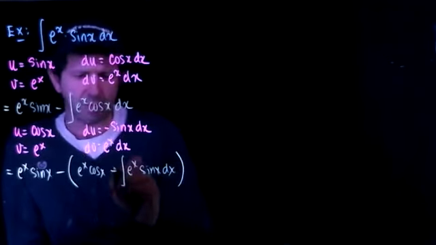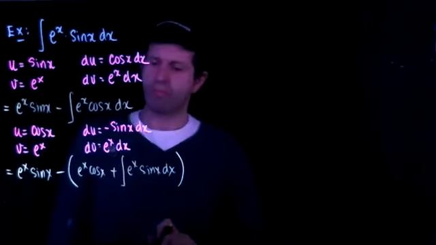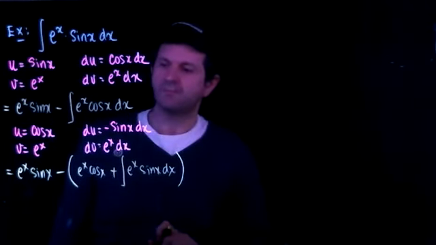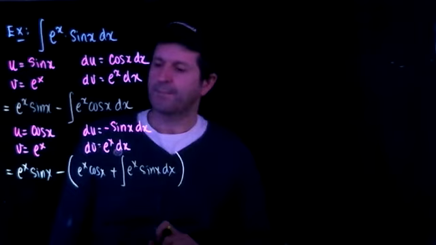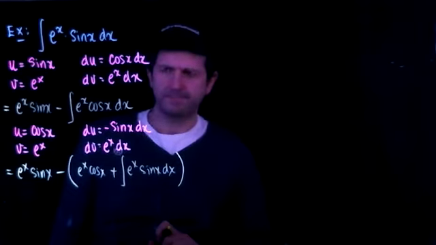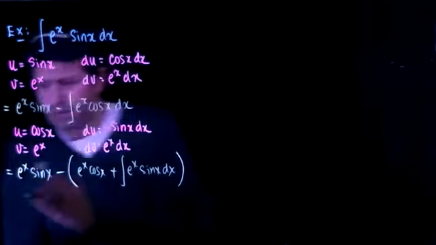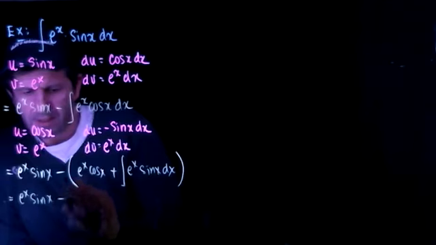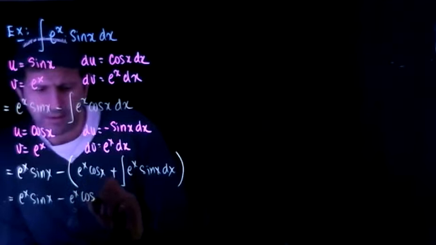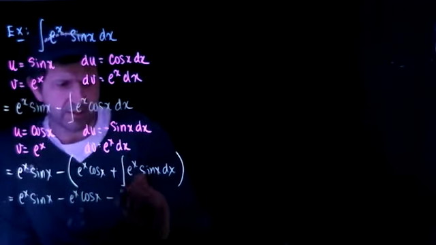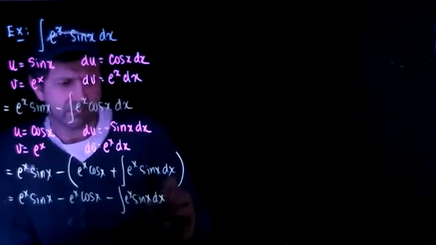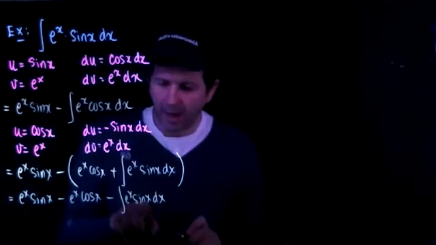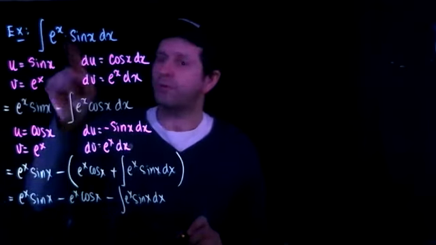Minus, so it becomes a plus. You guys okay with this? So if I simplify, I get e to the x sine x minus e to the x cos x minus this integral. And I get back to what I started with.